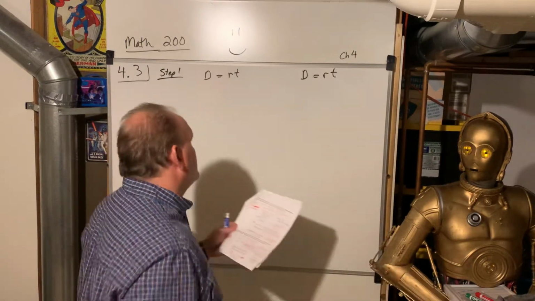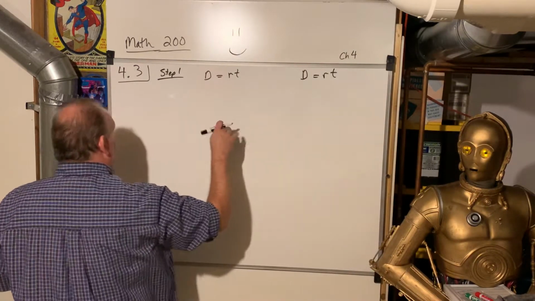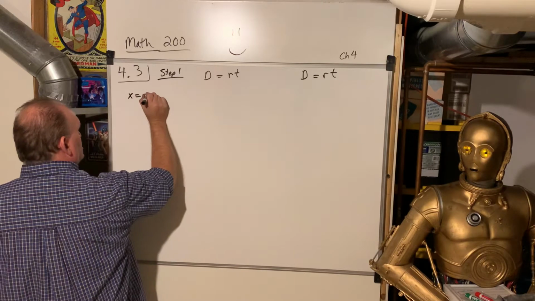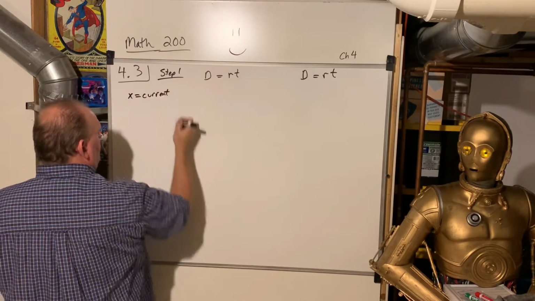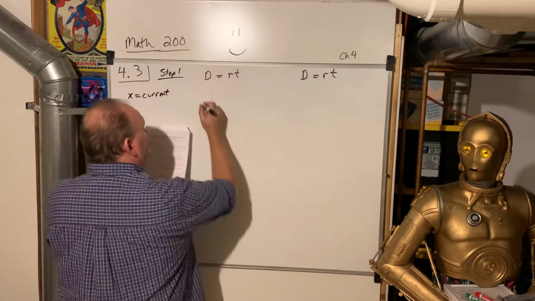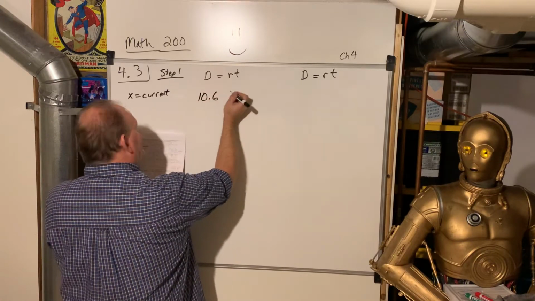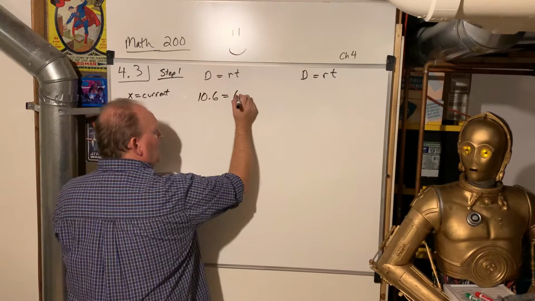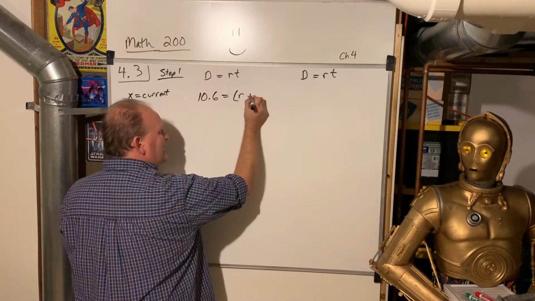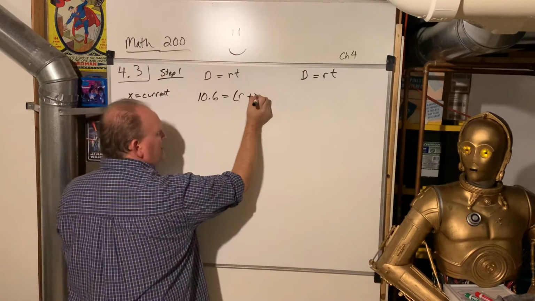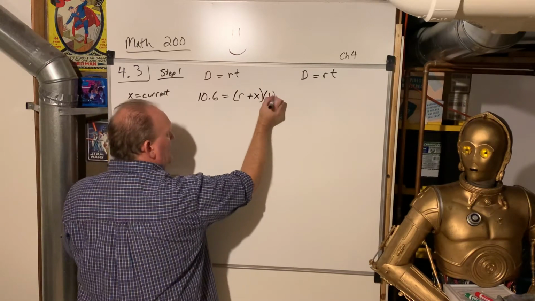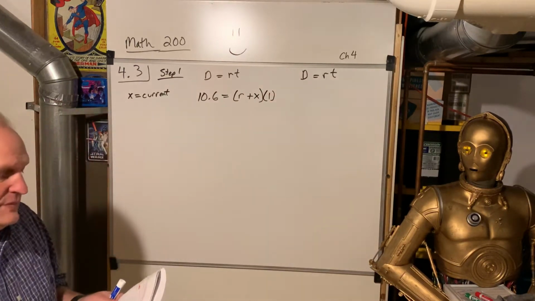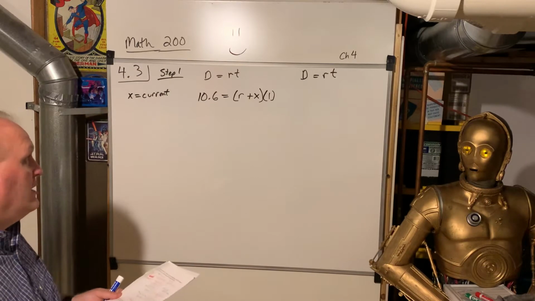All right, so I'm going to say in the context of this problem, X is equal to the current. Okay, so 10.6 is the downstream one, and that's going to be R, however fast he's rowing, plus the current is pushing him, and T was 1 hour. So that's basically one of our equations.